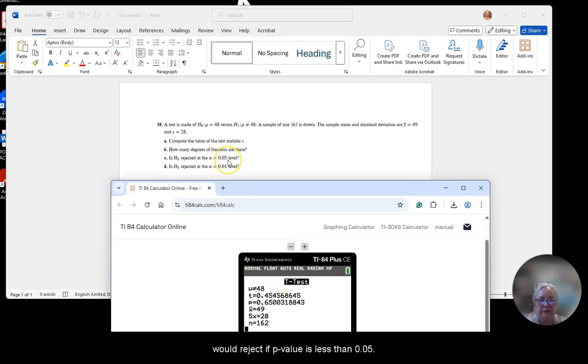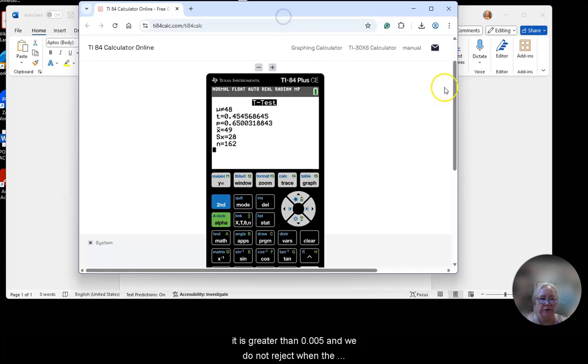It is greater than 0.05. And we do not reject when the alpha level is 0.01 as well.